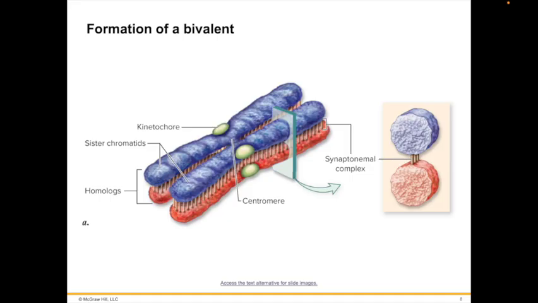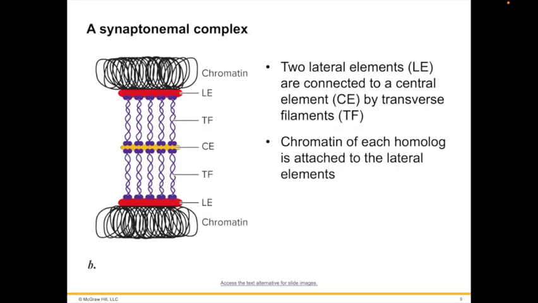A representative example is shown in figure 11.3b. This results in the paired homologues, each composed of two sister chromatids, all being closely associated during this phase of meiosis. The structure is called a tetrad or bivalent, and I refer to them as tetrads. This is that synaptonemal complex spoken to moments ago.